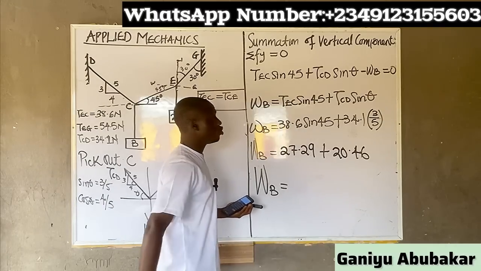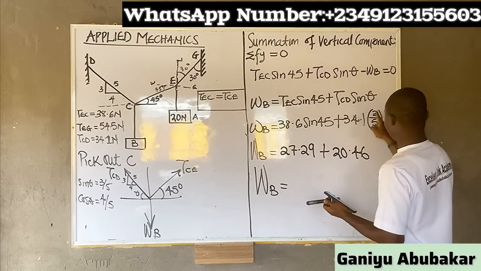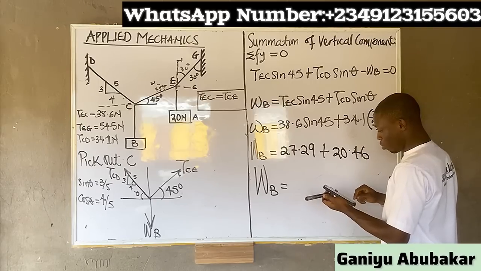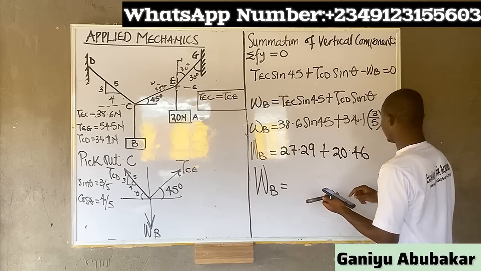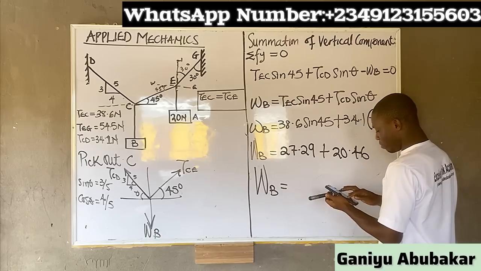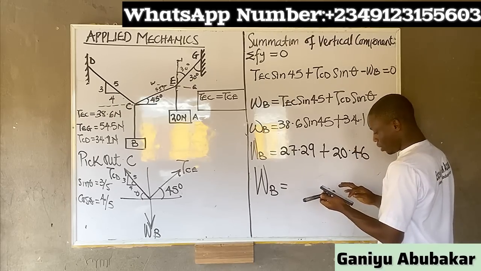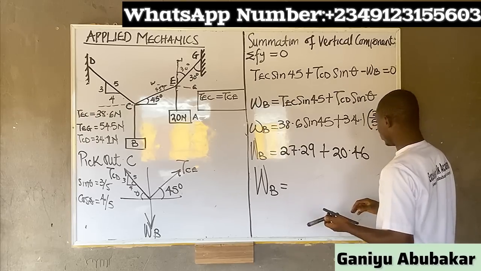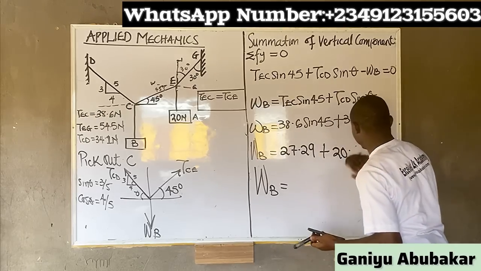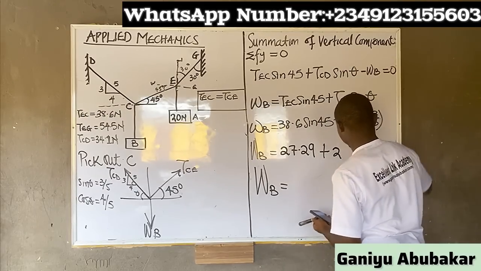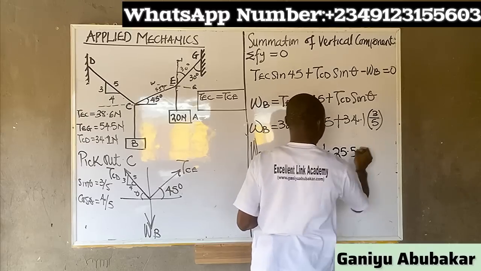So to get WB, what do you do there? Let's confirm this. 3 divided by 4 times 3 divided by 4 gives you 0.75. So 0.75 times 34.1 gives 25.57.